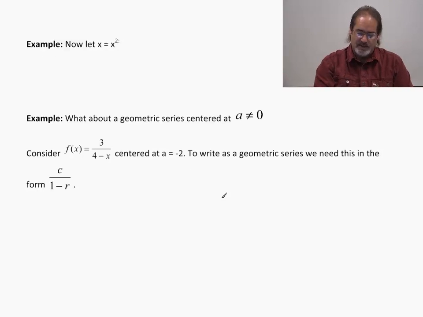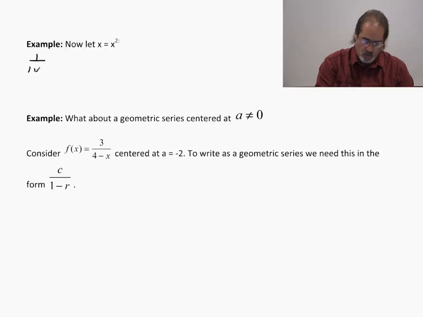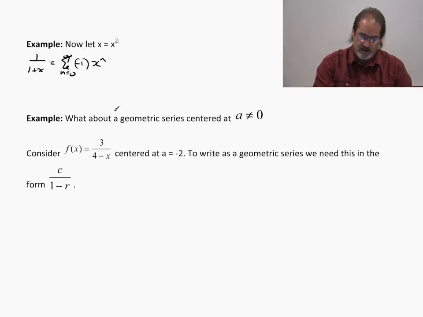Okay, now what happens if I let x equal x squared? Well, I know that 1 over 1 plus x is equal to the sum n equals 0 to infinity of negative 1 times x to the n.